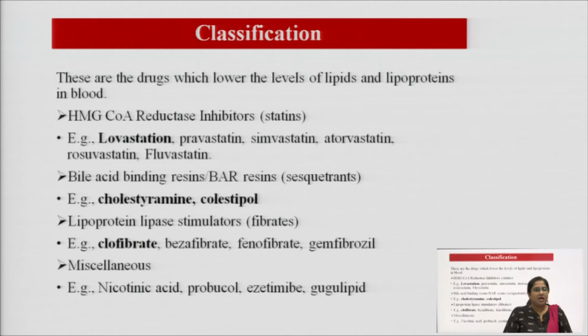Examples are cholestyramine and colestipol. Third is lipoprotein lipase stimulators, or fibrates. Examples are clofibrate, bezafibrate, fenofibrate and gemfibrozil. And last are miscellaneous drugs: nicotinic acid, probucol, ezetimibe and guggulipids.